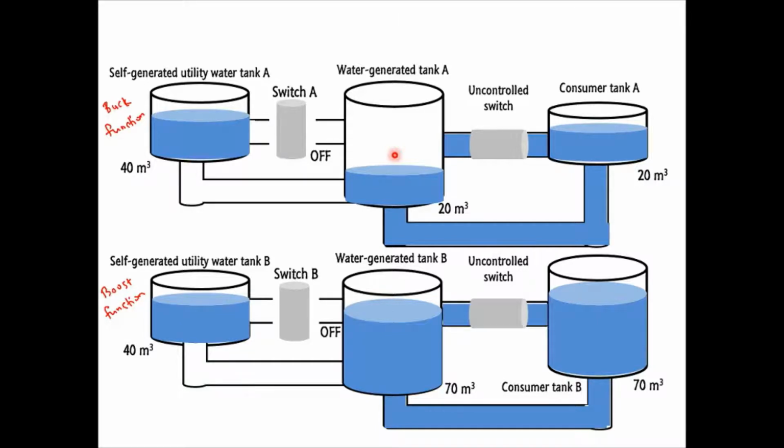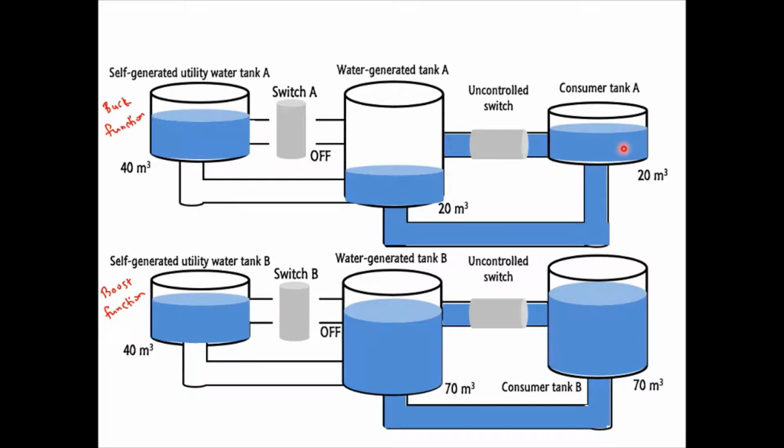That's why the water generated tanks need to generate water equal to the consumer's demand. Based on the connection between the water generated tank and the consumer tanks, it is similar to the connection between the inductor and the resistor in a buck converter operation.